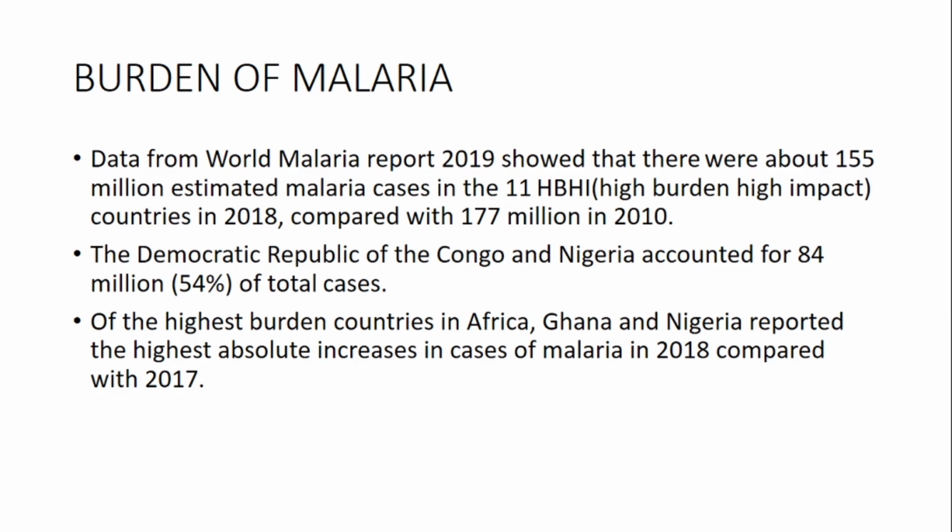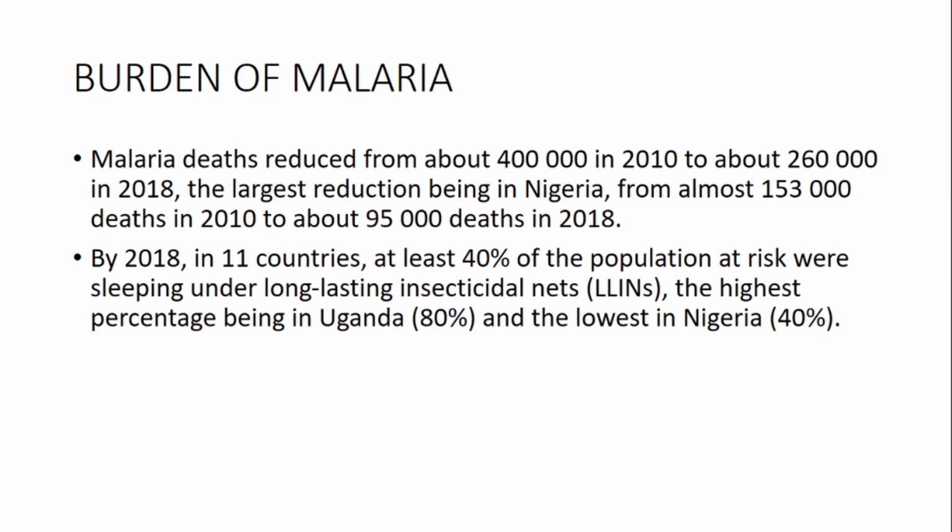Of all these countries, Ghana and Nigeria reported the highest absolute increase in cases of malaria in 2018 compared to 2019, and this just goes to show that the fight against malaria is still ongoing, and we need to make conscious efforts and continue the war against malaria in order to have improved outcomes in the future.